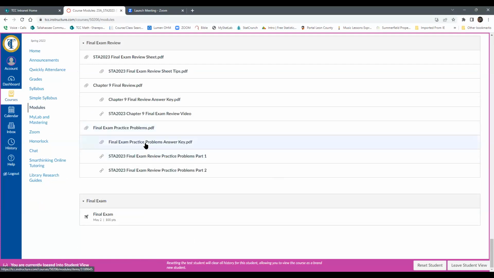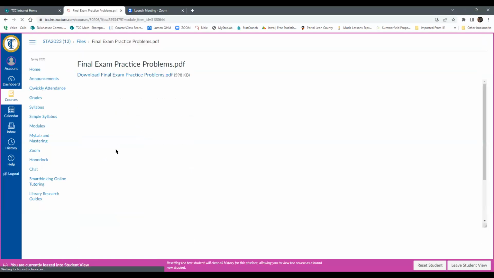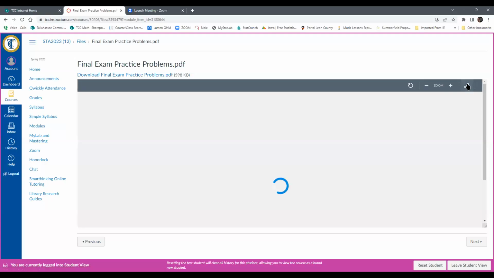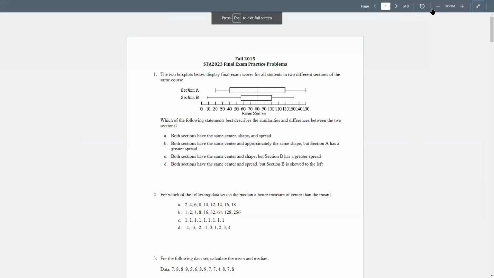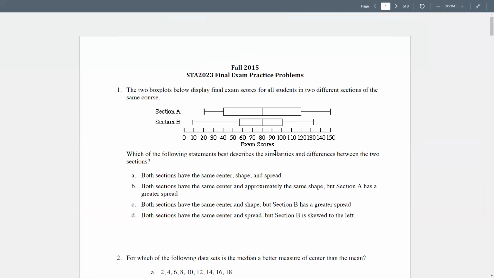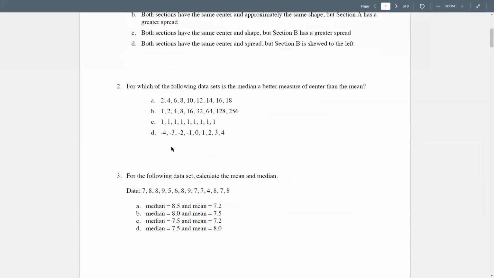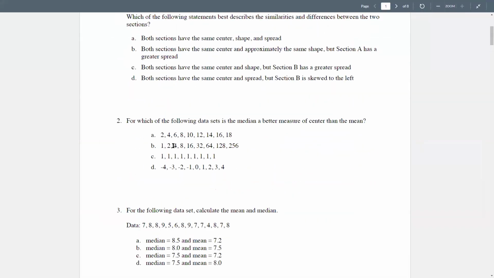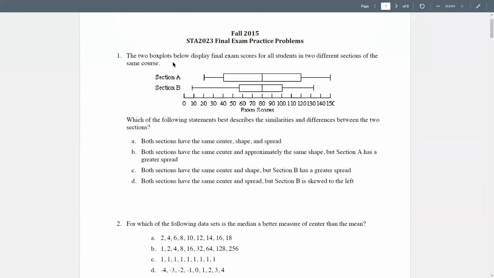Now look at the test practice problem right here. The first section shows something like this. Some of them are just visual and a quick thing. If you look at number 1, it says, which of the following best describes the similarities and differences between the two sections?